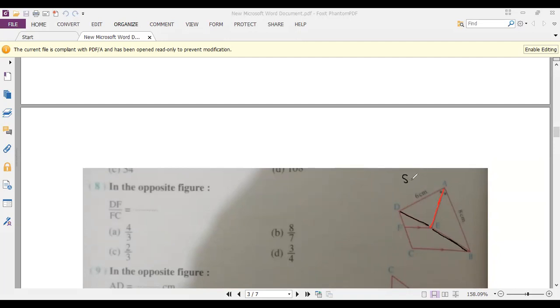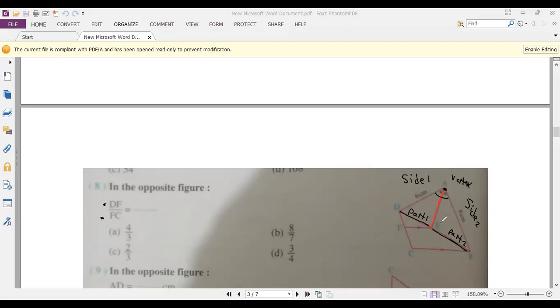So if we suppose that this is side 1 and this is side 2, this angle A is called the vertex angle, and this is the bisector which divides the angle into two equal angles. So side 1 over side 2 is equal to part 1 over part 2. I want to find DF over FC.